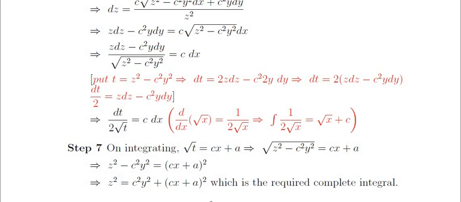Then substituting back for t, square root of z square minus c square y square is equal to cx plus a. Then squaring both sides, z square minus c square y square equal to cx plus a the whole square. That can be rearranged as z square equal to c square y square plus cx plus a the whole square, which is the required complete integral.